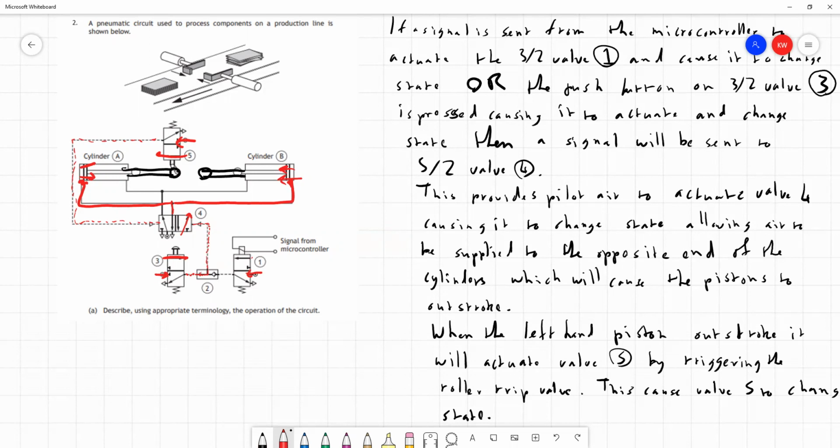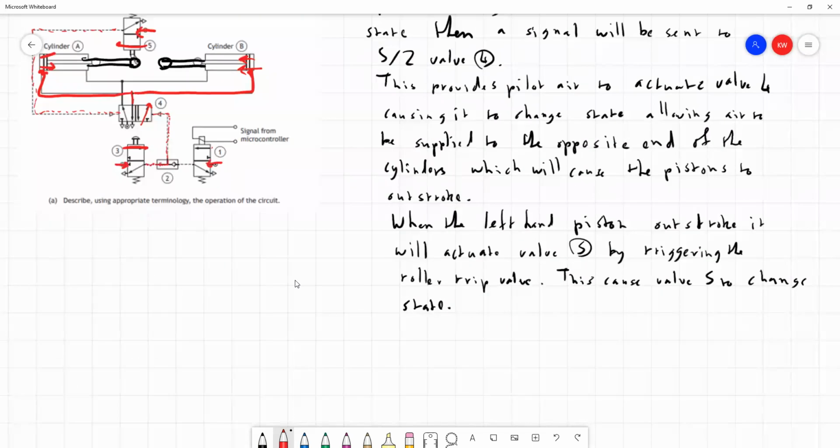So we can say all of that. I mean, it's probably enough to say that it sends a signal to valve 4, causing it to actuate and change state, supplying air to the pistons, causing them to in-stroke, and that's how we'll end this here.